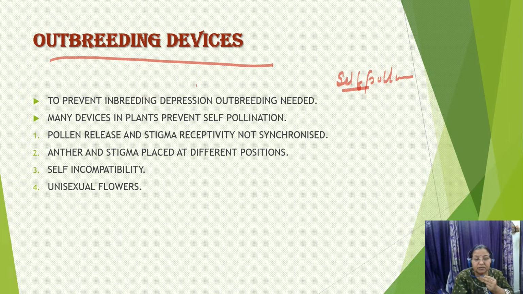Inbreeding depression we have discussed already: if continuous self pollination occurs, then some characteristics will be lost or will disappear. So depression will be there, and plants have some devices for that.